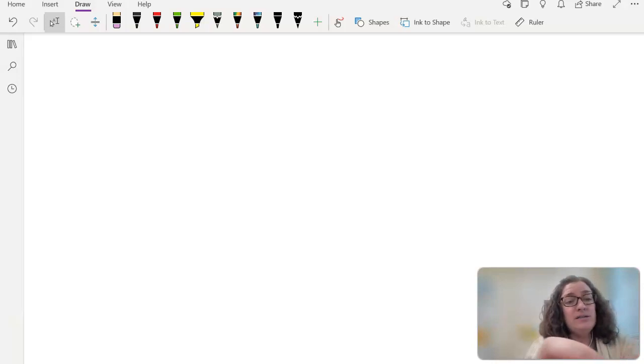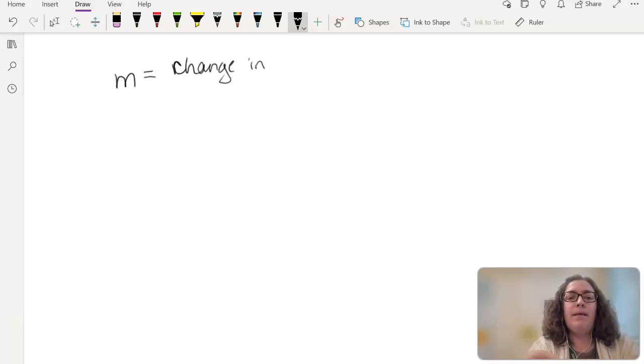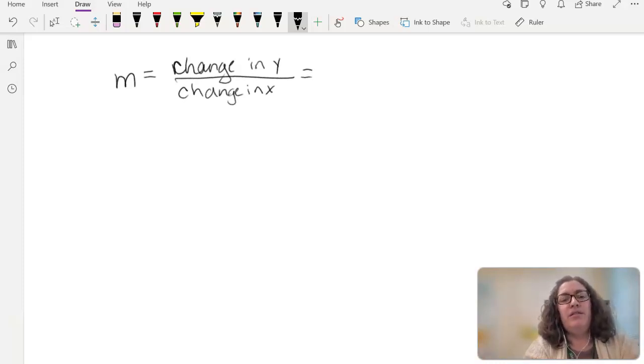And so, yes, on a graph, we could easily graph those 2 points and then count the rise over run. But if we remember that slope, which is often in our class denoted by the variable m, or the letter m stands for slope, if we think about that as the change in y over the change in x, then we can come up with a formula that looks like this.